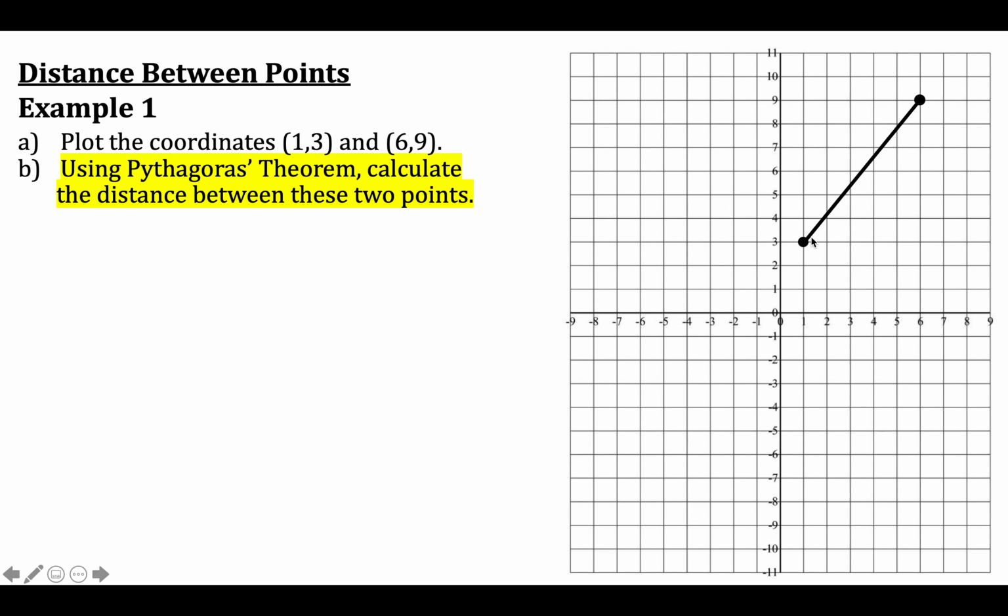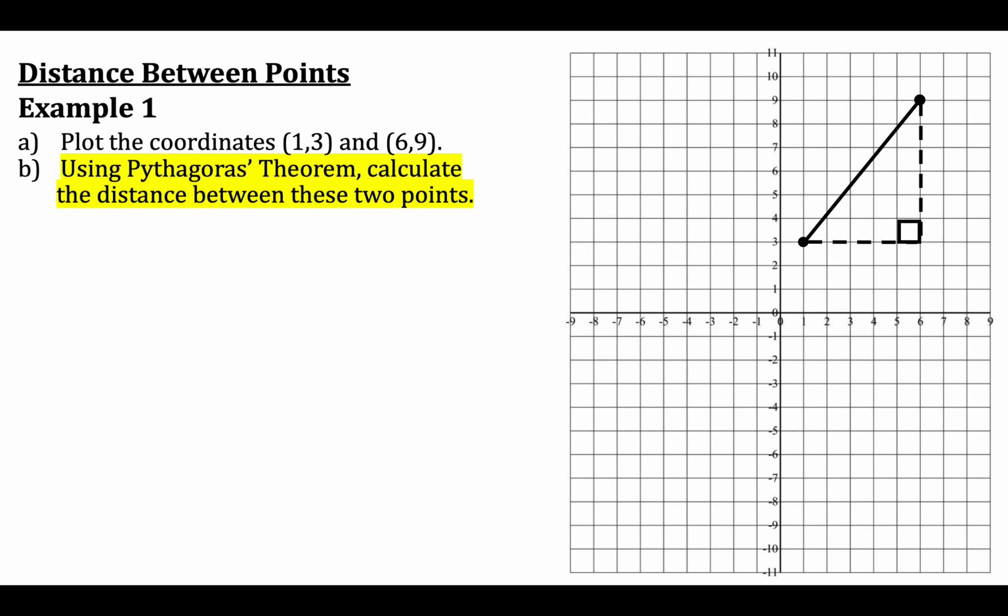And if it's a right angle triangle because it's Pythagoras' theorem, if I make this line that I've drawn the hypotenuse, I would then have the two shorter sides being here. So I have my right angle triangle, but I don't really have any lengths yet.